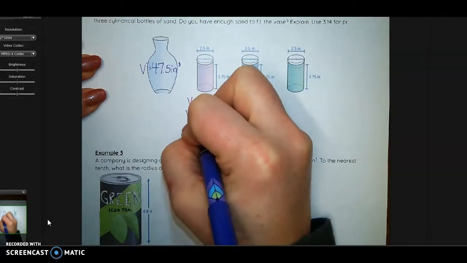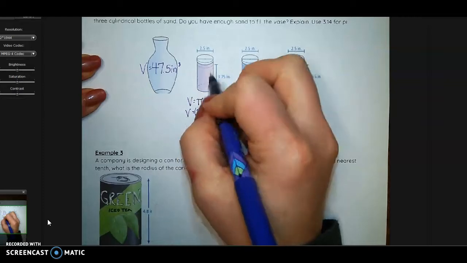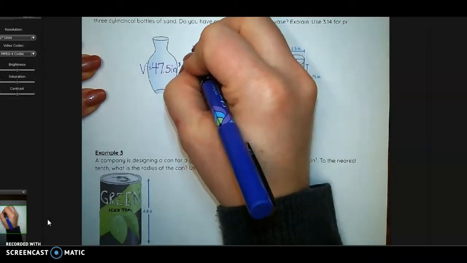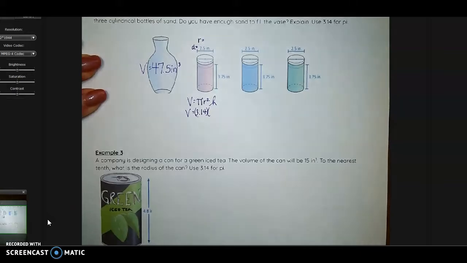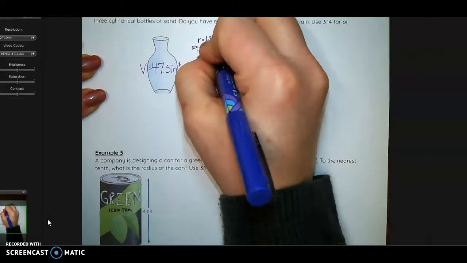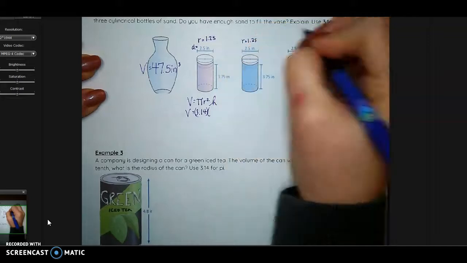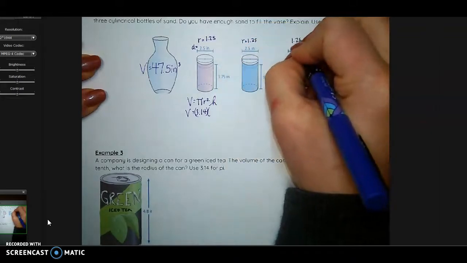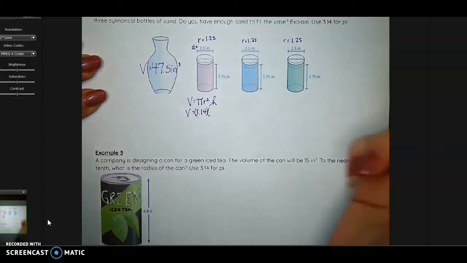Pi, in this case, is 3.14. If my diameter is this right here, that means my radius is half of that, which is 1.25, or 1 25/100ths. That will be the same radius for all of them. You also notice they have the same height, so they're all going to have the same volume.